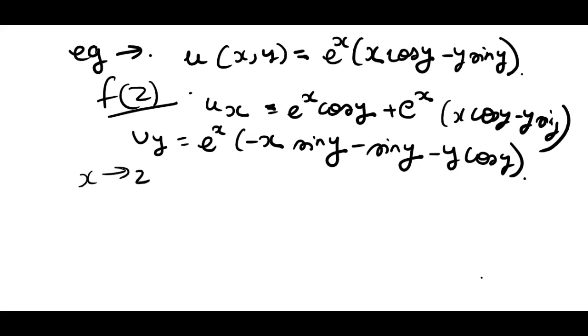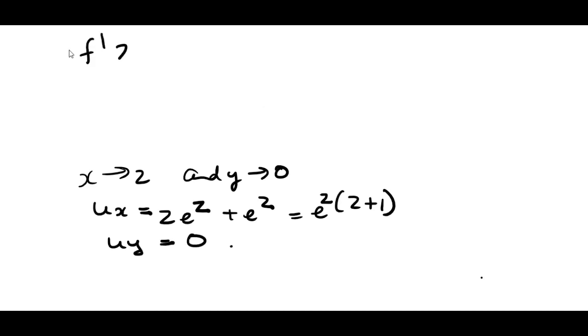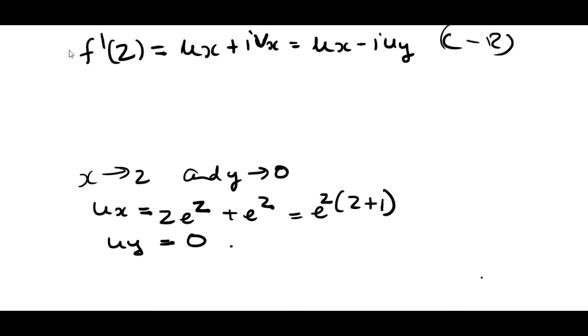Now replace x by z and y by 0. So ux is equal to z plus e to the power z, which is nothing but e to the power z (z plus 1), and uy will be 0. So f dash z is equal to ux plus i vx, which is equal to ux minus i uy using the CR, Cauchy-Riemann equation.